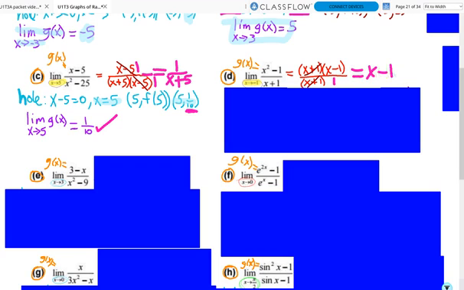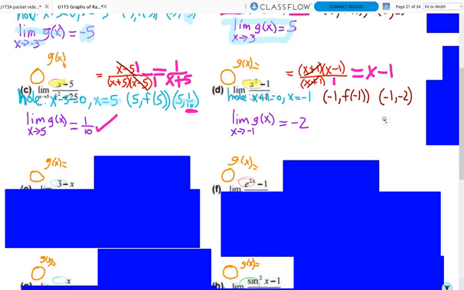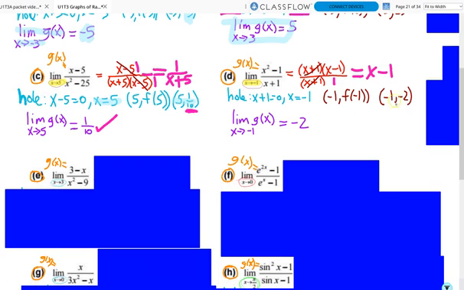The common factor indicates the x value of the hole, x plus 1 equal to 0, so x equals negative 1 for the point of discontinuity. Plugged into the equation, x minus 1, negative 1 minus 1 is negative 2, the y value becomes the answer to the limit from the left and right.